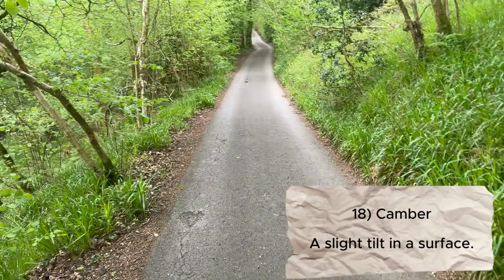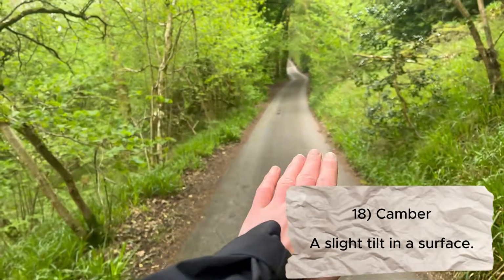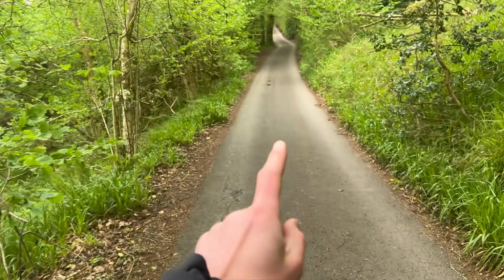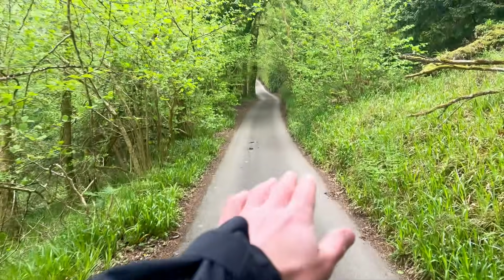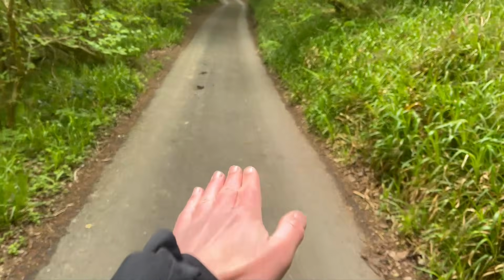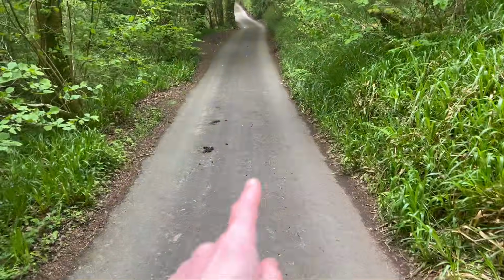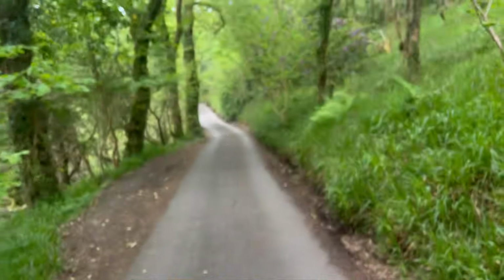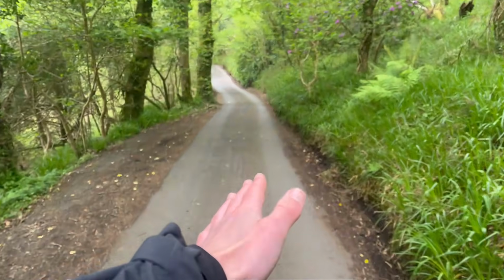So there's quite a lot of camber to this road, and that makes it kind of difficult for your feet and your ankles because you're walking like this, which is a little bit awkward, but it is good for strengthening your muscles and your joints and your bones, probably, I imagine. I don't know. But that is quite a niche word, camber.